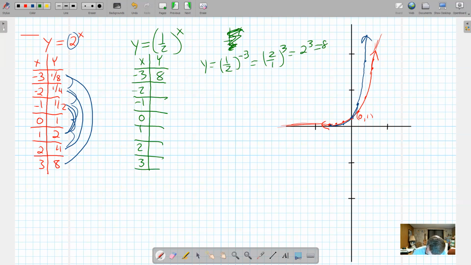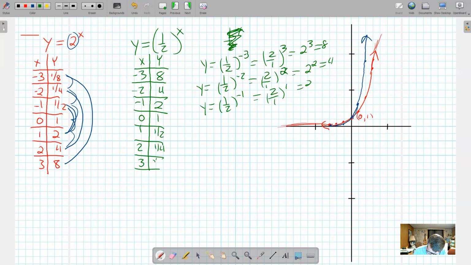If x is -2, y equals 1/2 to the -2 power, which is 2 over 1 to the 2 power, or just 2 squared, or 4. If x is -1, y equals 1/2 to the -1 power, which is 2 over 1 to the 1 power, or just 2. 1/2 to the 0 power is 1, 1/2 to the 1 power, 1/4, 1/8.